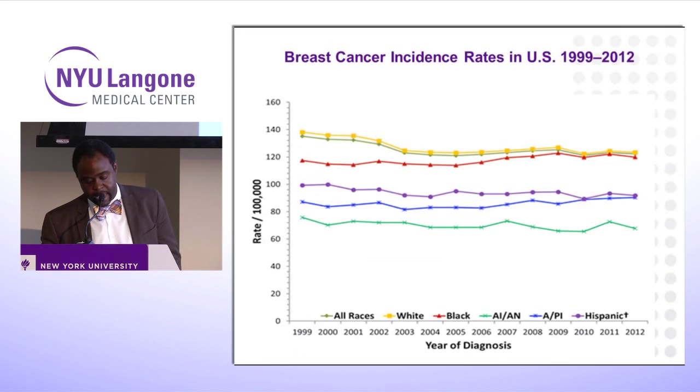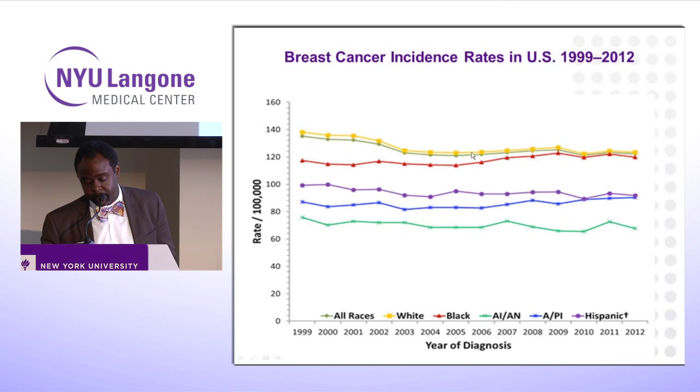So that is a disparity where there are different outcomes among different populations. Looking specifically at breast cancer, this graphic shows the incidence of breast cancer by race. The yellow line is whites. The second green line here is all races. Blacks are the red line. The purple line is Hispanic. The blue is Asian Pacific Islander. And the greenish line here is Native American.